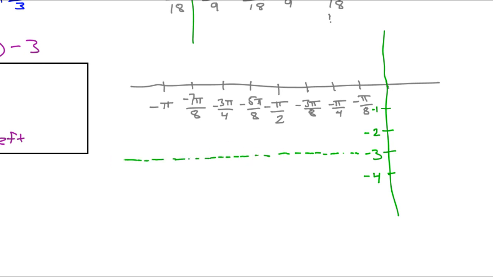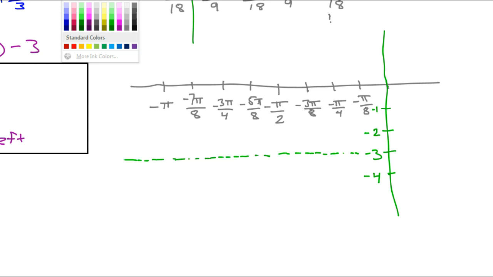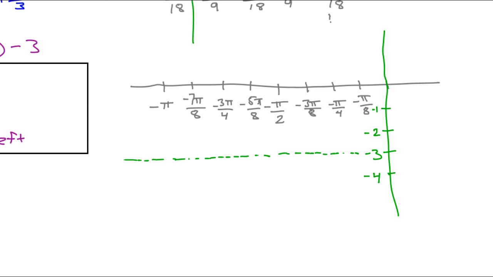I'm going to make 2 more dotted lines in yellow for the a value. All right, up 1 and down 1 from the midline.